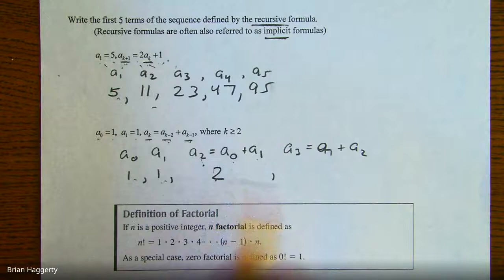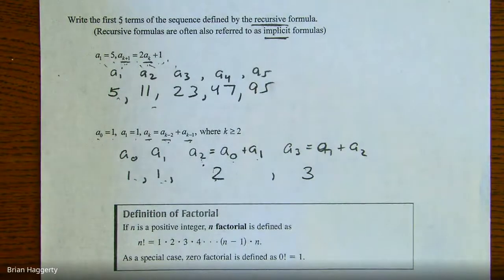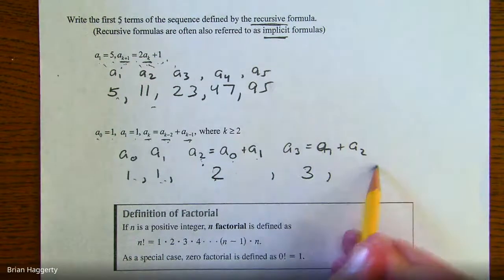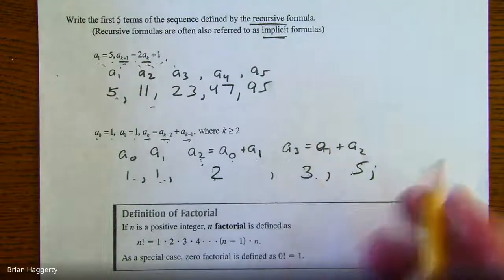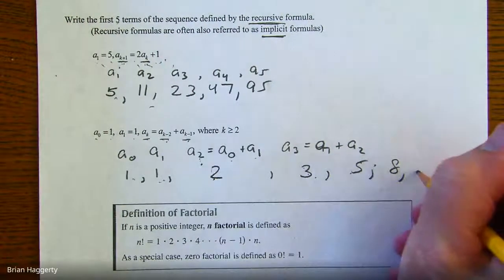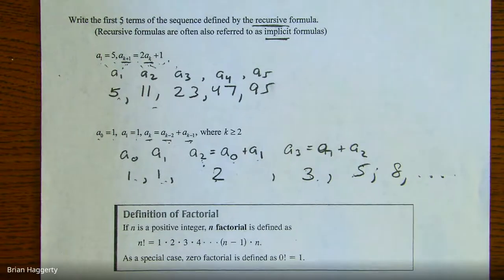So a sub 1 plus a sub 2 is 3. So in other words, the rule is we're adding up the 2 terms that came before it to get the term we want. So this one is 2 plus 3. This one is 3 plus 5, et cetera. What pattern is that? The Fibonacci sequence.